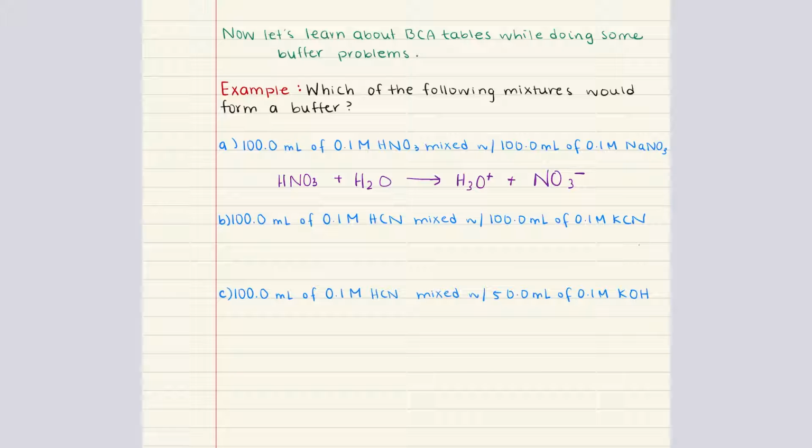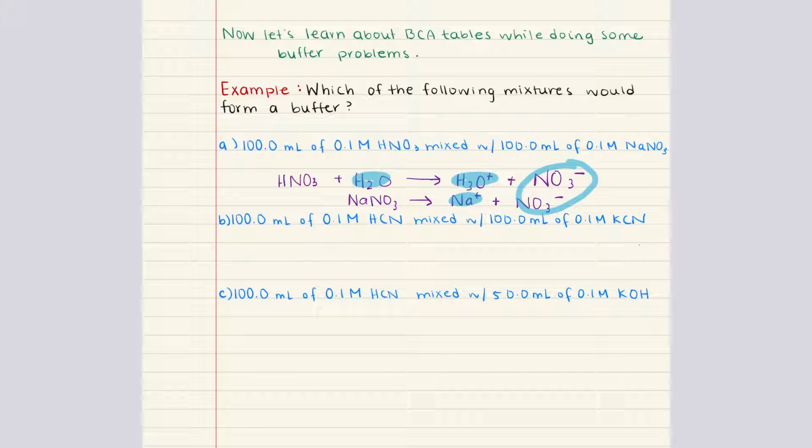In addition, sodium nitrate is a soluble salt, so it's also going to dissociate and give us sodium and nitrate ions. When nitric acid and sodium nitrate are mixed, we're going to have the following species in solution: water, hydronium ions, sodium cations, and nitrate anions.